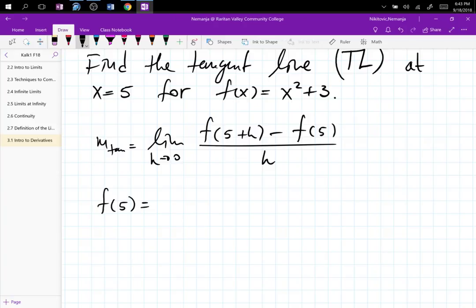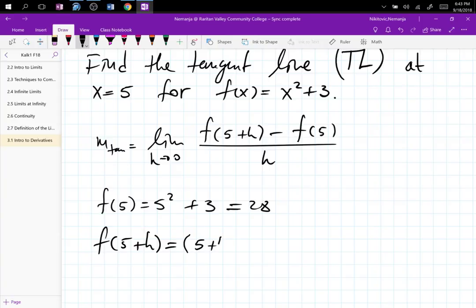Well, f of 5 is easy. You replace x with 5, so that's 5 squared plus 3, that's 28. Yay. F of 5 plus h is a different story. You're replacing your x with 5 plus h. You have to square that, and then plus 3. So now this is 25 plus 10h plus h squared plus 3.